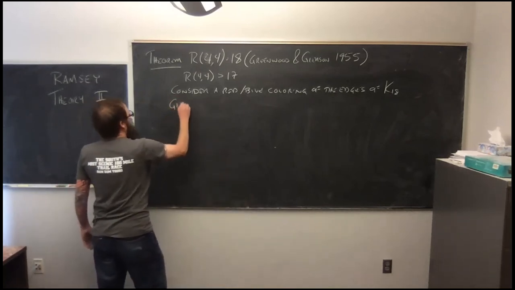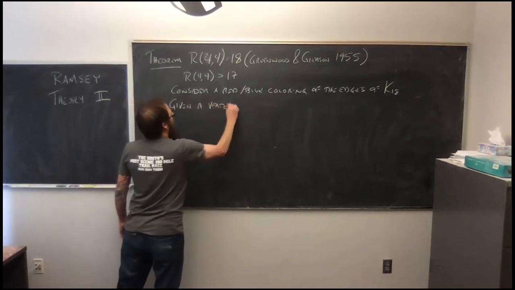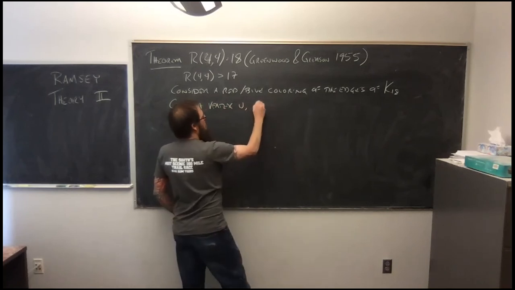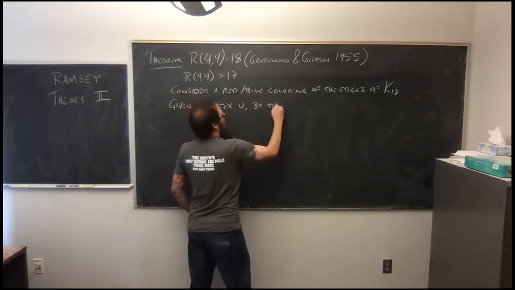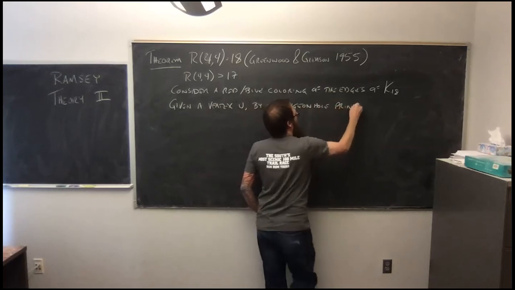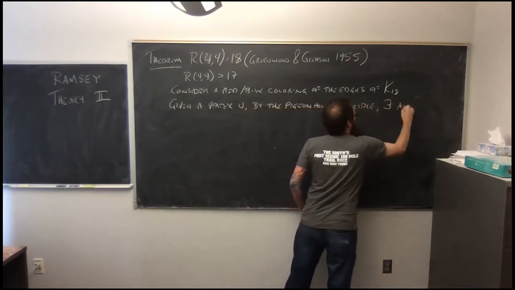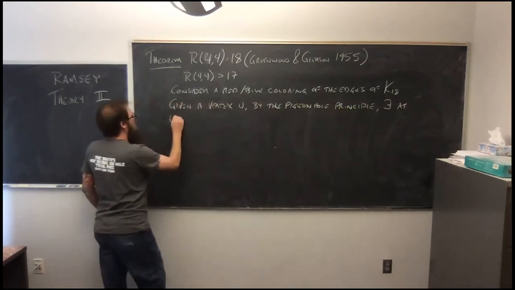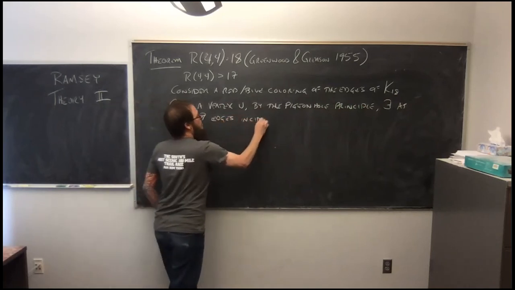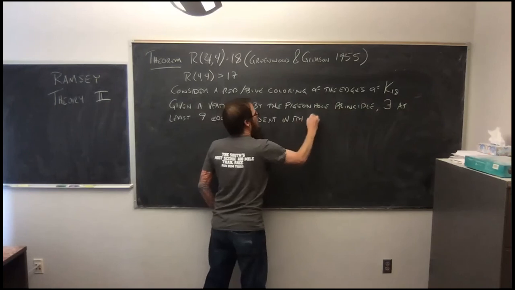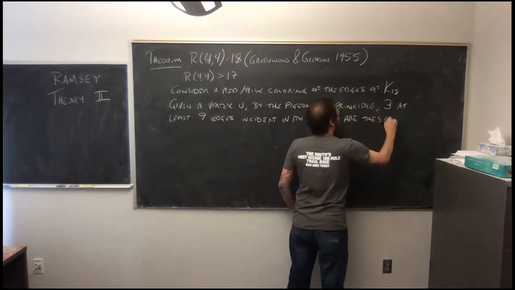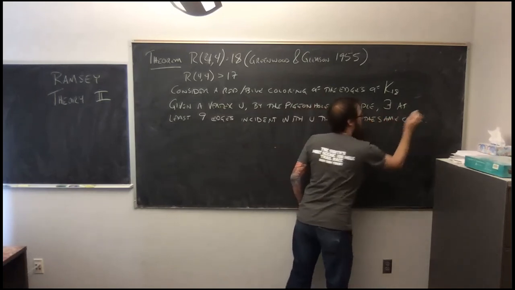So given a vertex U, by the pigeonhole principle, there exist at least 9 edges incident with U that are the same color.